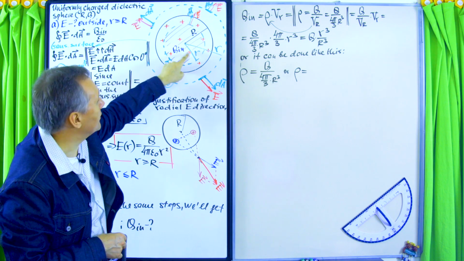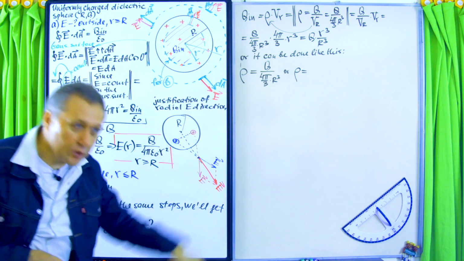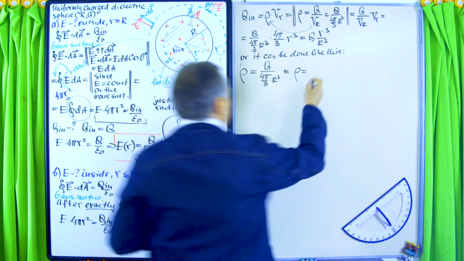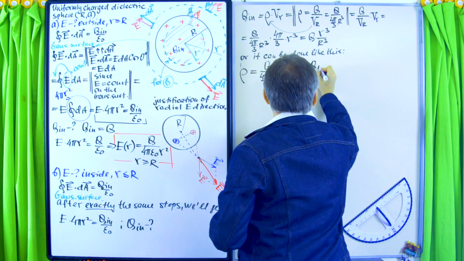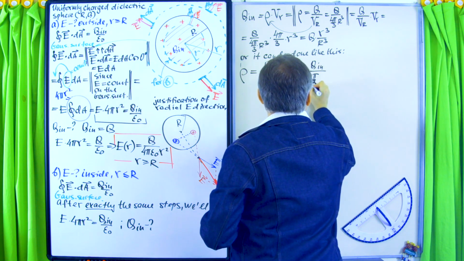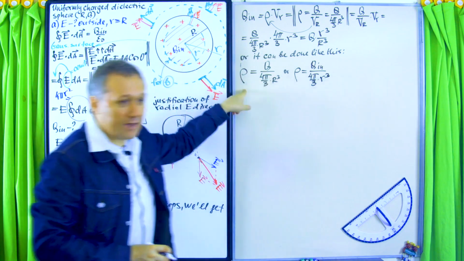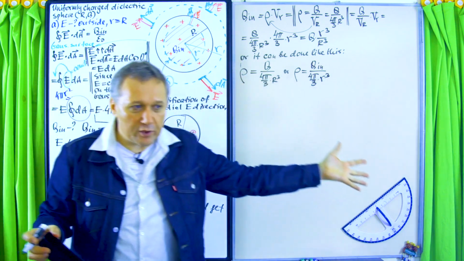So I can take Q enclosed and divide it by the volume over which Q enclosed is distributed. So I can write it also as Q in divided by 4 pi over 3 r small to the power of 3. And this density and that density are the same because we have uniform charge distribution.